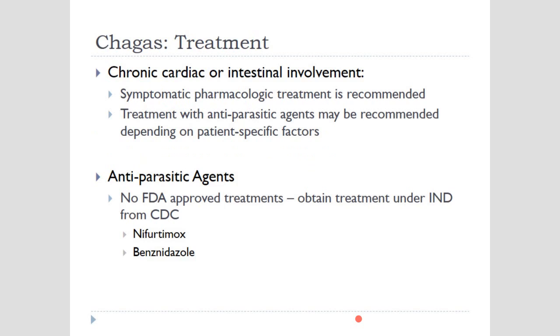As far as treatment is concerned, since I said cardiac is important, depending upon which type of arrhythmia, which type of heart block, and what kind of heart failure you have, you have to treat accordingly, because there's a different set of drugs altogether on top of anti-parasitic agents, which are patient-specific, right?